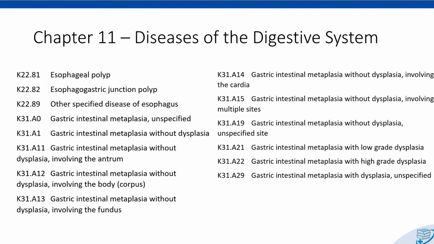So now we've got two specific codes for that. The American Gastroenterological Association requested new codes to define the types of gastric intestinal metaplasia. So we have without dysplasia, with dysplasia, and the different grades of dysplasia. A lot more specificity now.